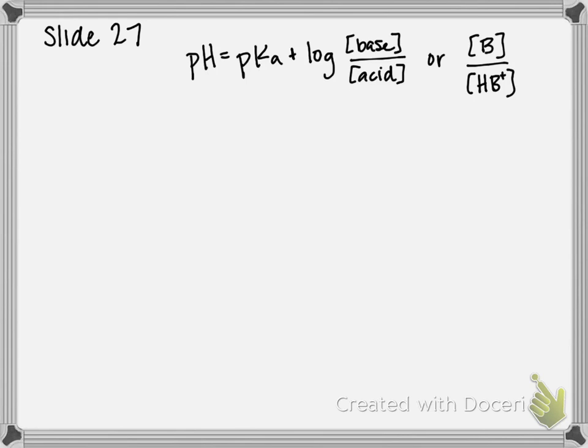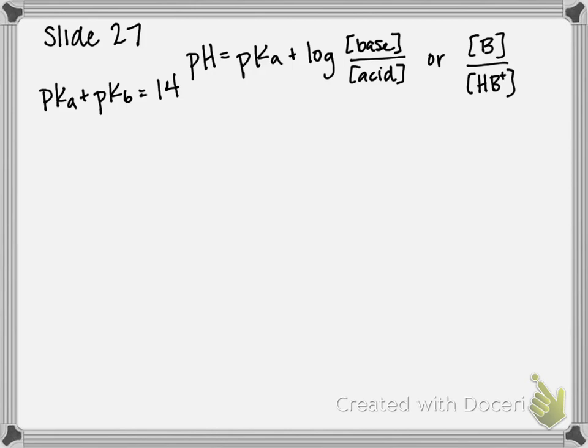So notice that we're only given the pKb, but our Henderson Hasselbalch equation, which we'll be utilizing, needs pKa. So we can use the equation pKa plus pKb is equal to 14 to basically use the pKb that we're given to find pKa.